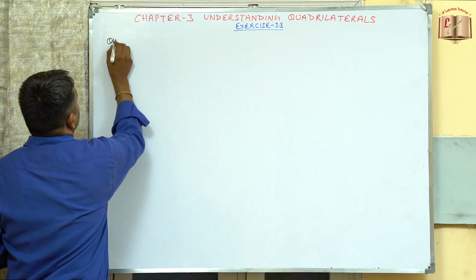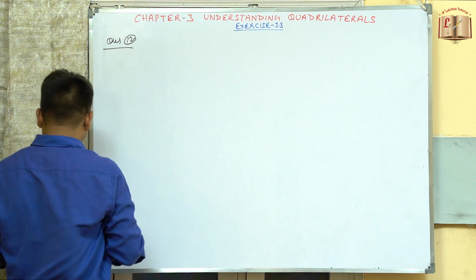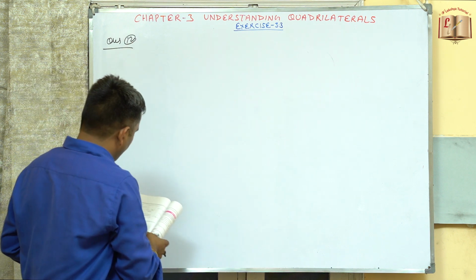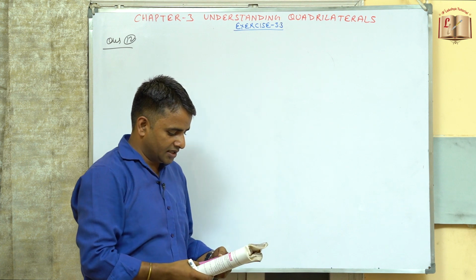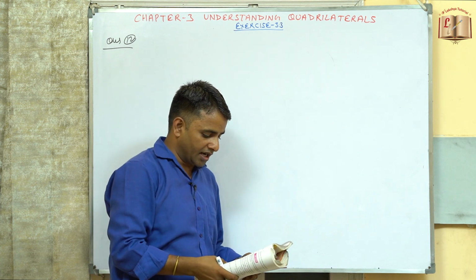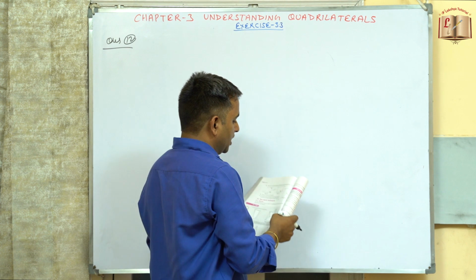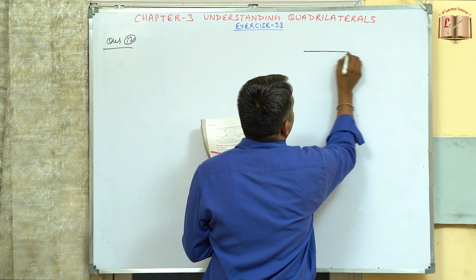So now coming to question number 12. Find the measure of angles P and S if SP is parallel to RQ in figure 3.34. So first of all, we will make this figure.